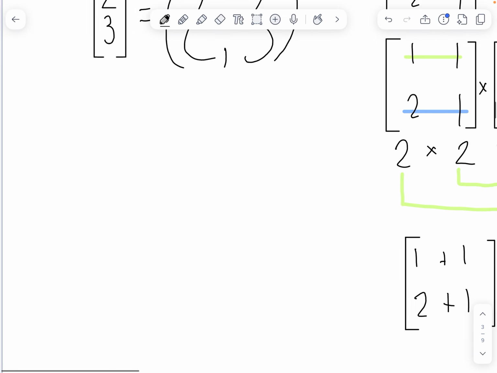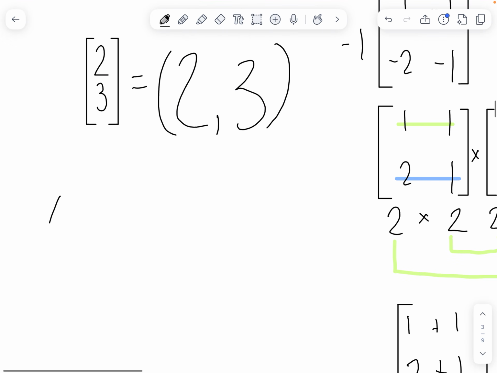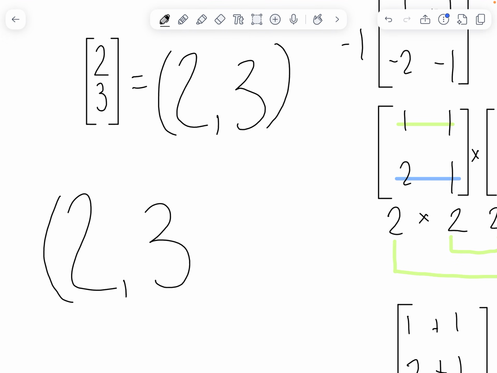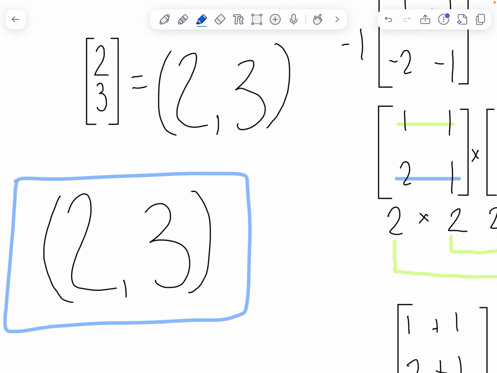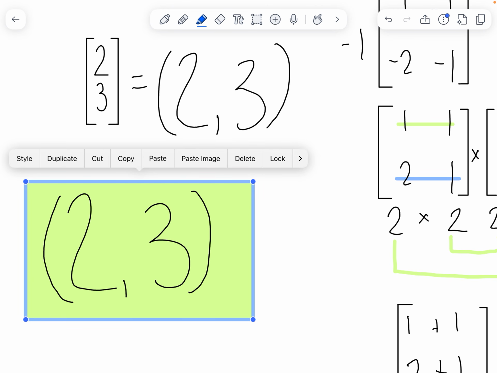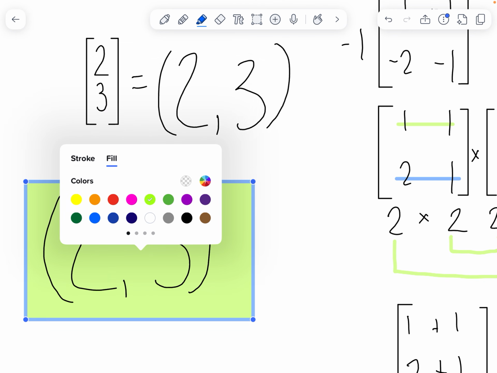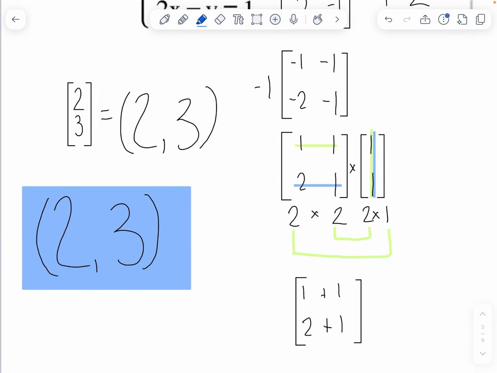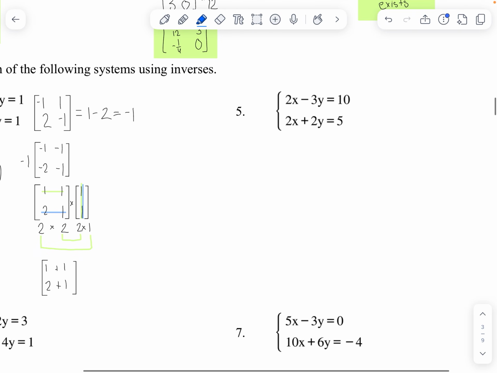So our answer is 2 comma 3. Okay, that's the first one. On to the next one.